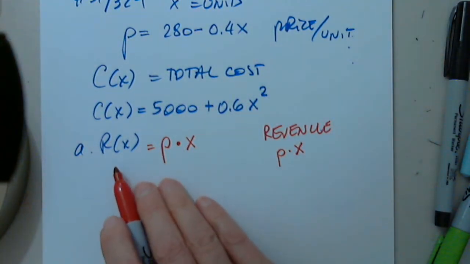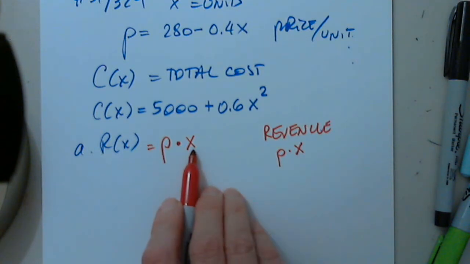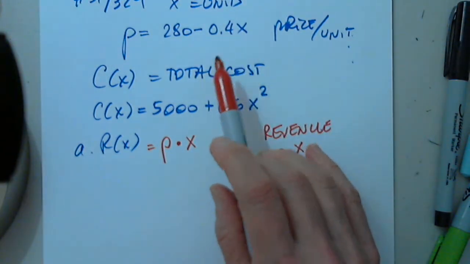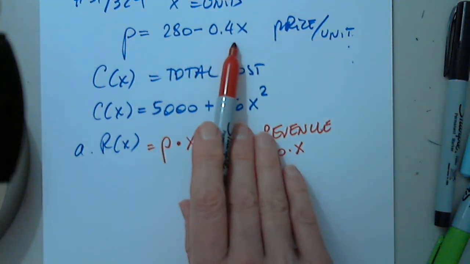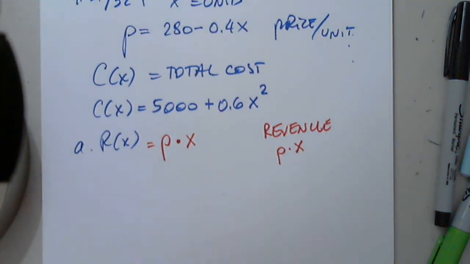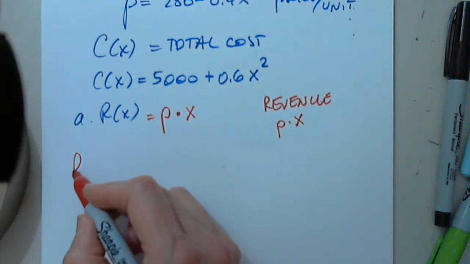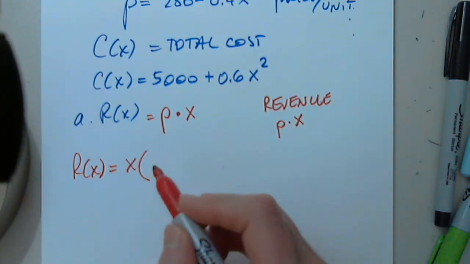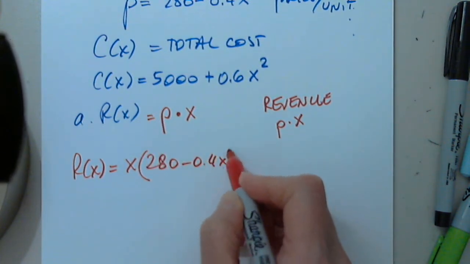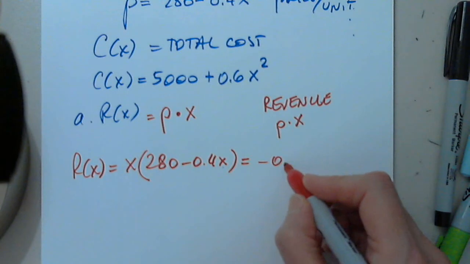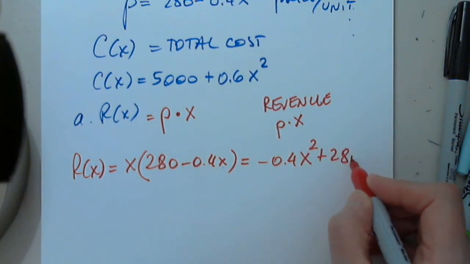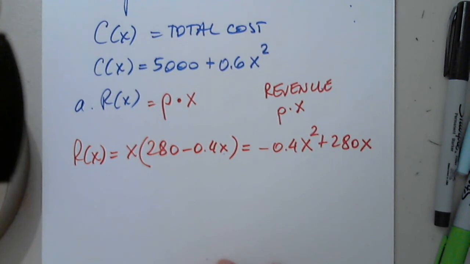So for the revenue, it's only the price per unit times the number of units. So I will replace p by 280 minus 0.4x and then multiply by x. So that's our revenue. Is this okay, everyone? So x times 280 minus 0.4x. I will distribute and arrange in the correct order. Negative 0.4x squared plus 280x. Any questions on this? There is no calculus here yet. Any questions, please? Okay, I don't hear any questions, so I will move on.